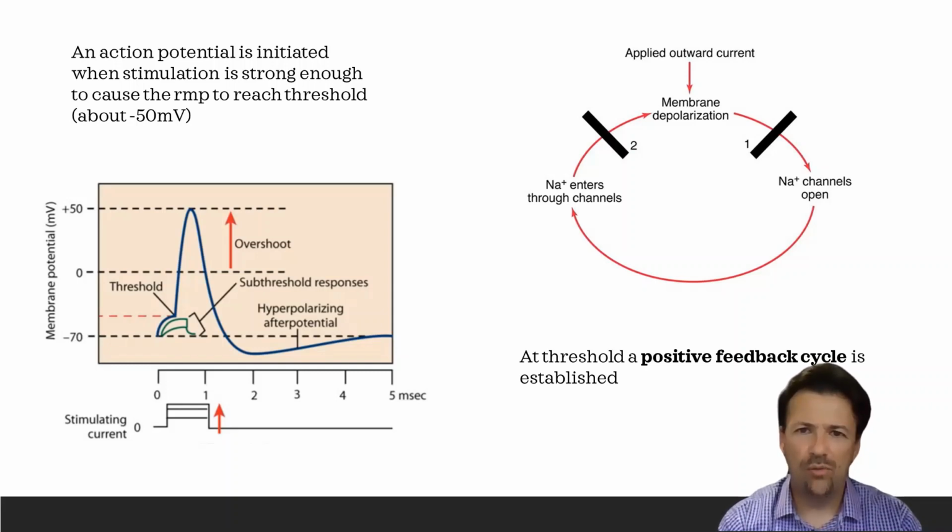Now, track with me very carefully. When the cell membrane depolarizes, what happens to the voltage-gated sodium channels? Remember, they open. Now, when they open, what happens to sodium? Sodium enters the cell. When sodium enters the cell, what happens to the membrane potential? It depolarizes.